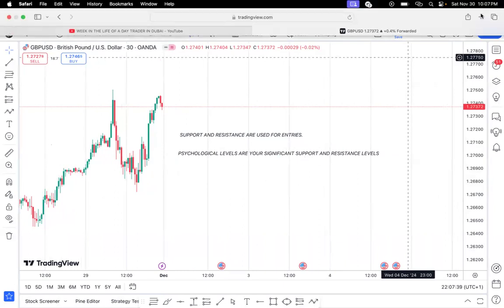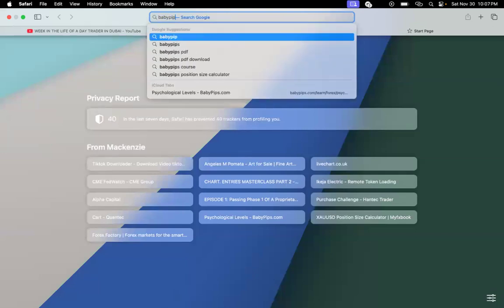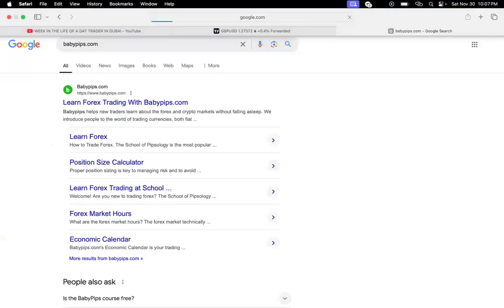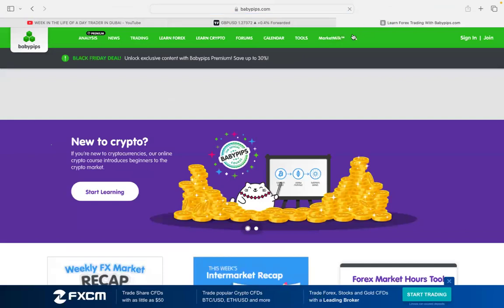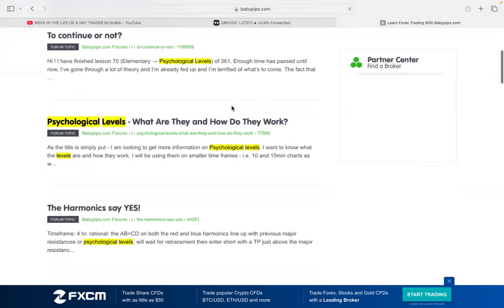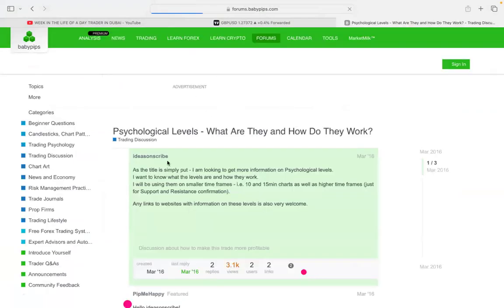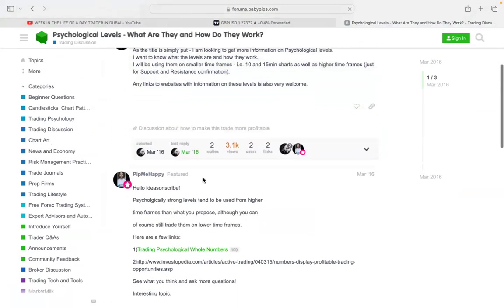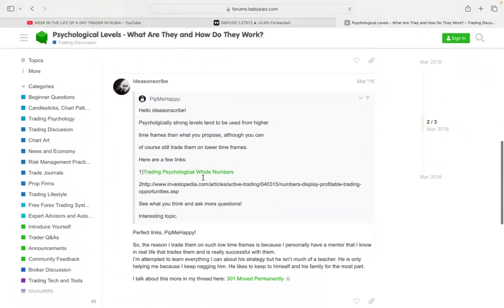So we are going to head over to Babypips. Let me show you the meaning of psychological levels. Let's search for it together. What are psychological levels and how do they work? Is this a clean explanation?